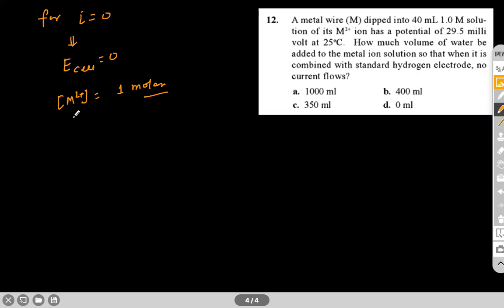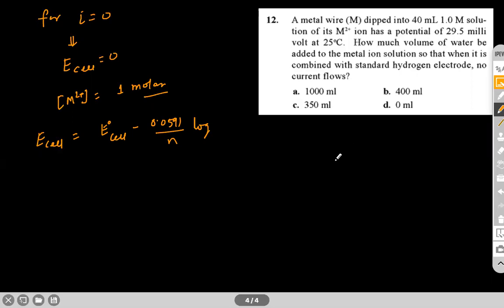And for that, if I write down the E cell Nernst equation for the cell, that would be E naught cell minus 0.0591 divided by n log of the concentration term.